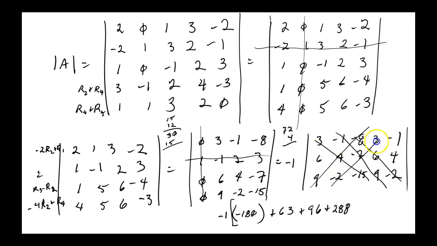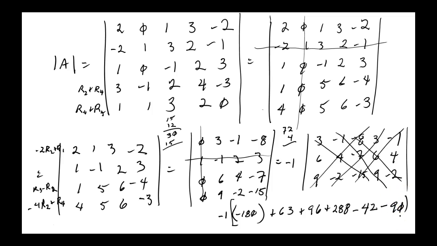Okay. And then we'll do this one. That's going to be a minus 6 times 7 is 42. And the last up diagonal is going to be a minus 15 times 6. I believe that's 90, isn't it? Yeah.